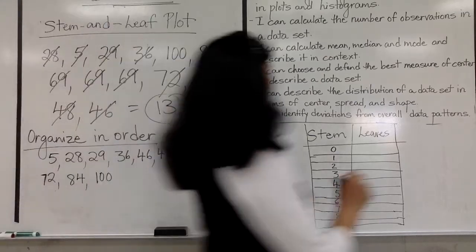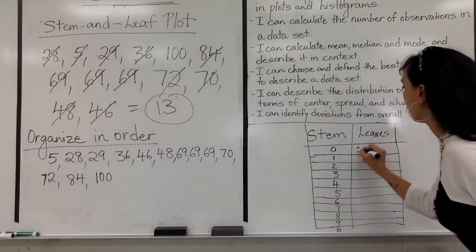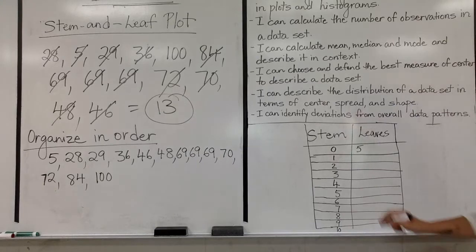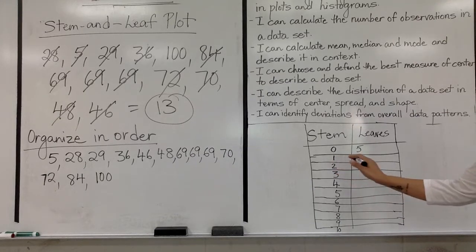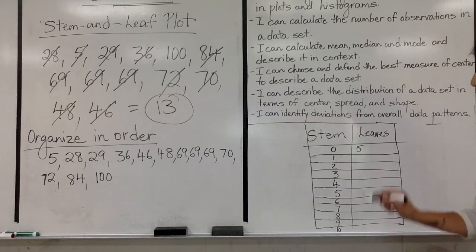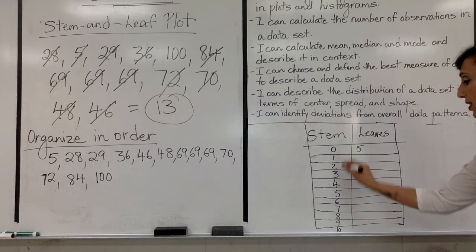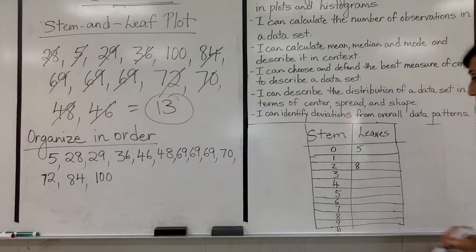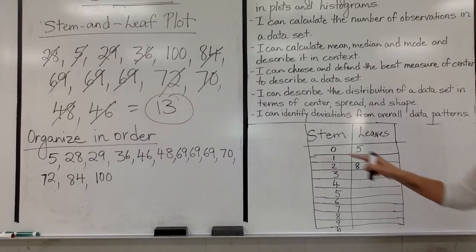If I have 5, this is a 5 because I have no place value before that. I don't have anything after the 1, but I do have a 28. This signifies the tens. So 28, when I read it, that's what it is.